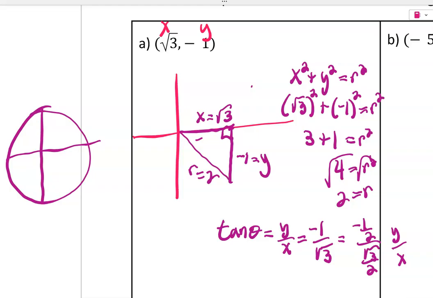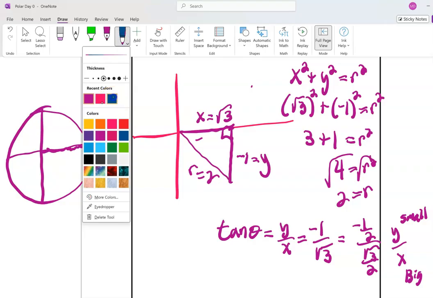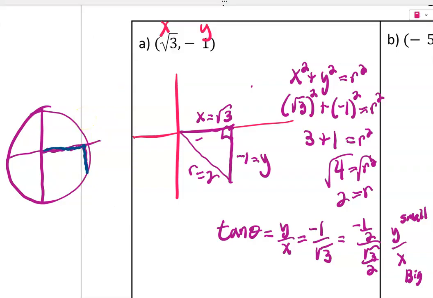I want my y to be small, and I want my x to be big. Well, where would that be? Y is small, x is big, guys. That, I hope we all are remembering, is going to be right here. That's with the pi over 6 reference angle, right? That's your pi over 6 reference angle.